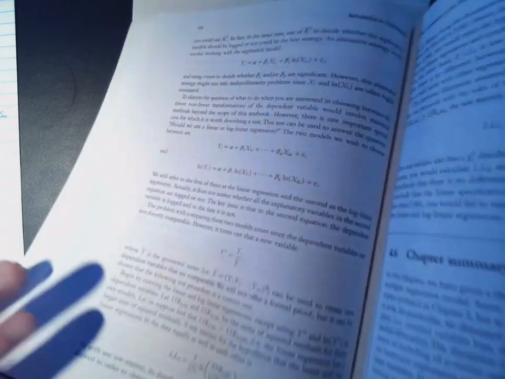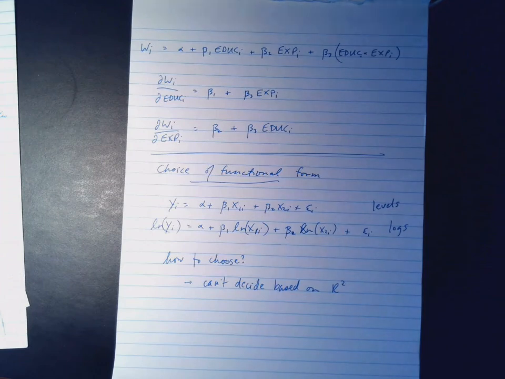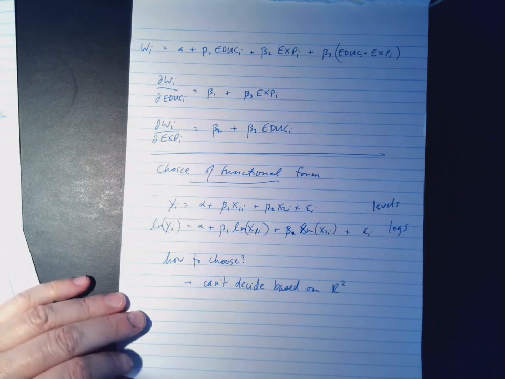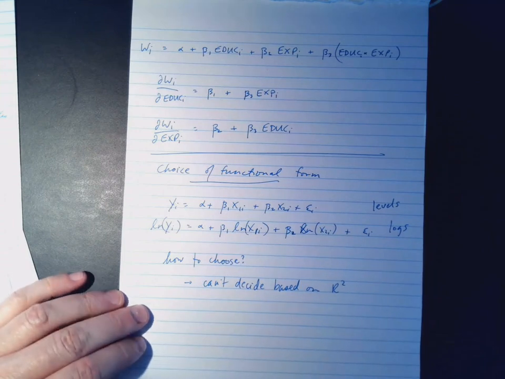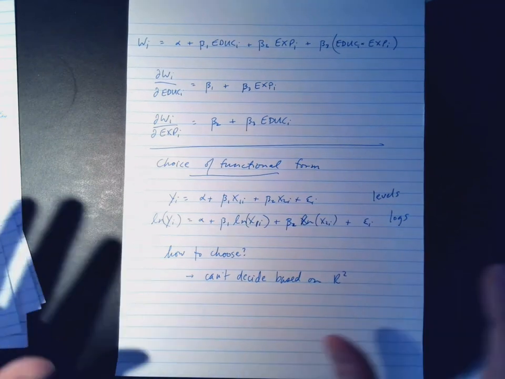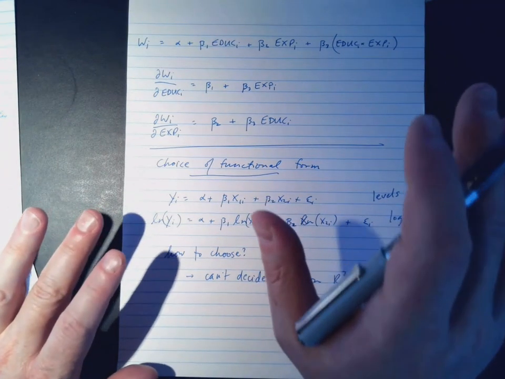So you can do a hypothesis test that the two models fit equally well. And if they don't, then the one with the lower sum of squared residuals is significantly better. We're not going to do that test.